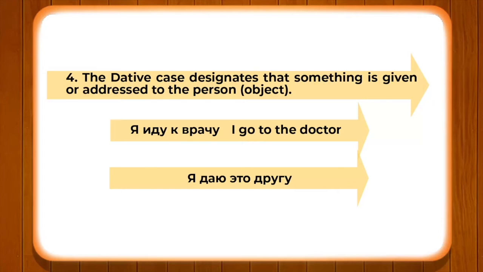Я иду к сестре, like this. And if we have the word врач, it changes into врачу. If it is друг, it would change into другу. So we will be discussing all the cases in detail in the dedicated module. However, before that, let's quickly see rest of the two cases more.